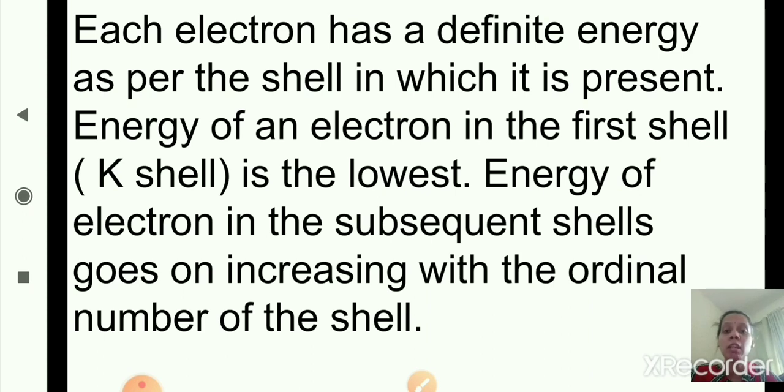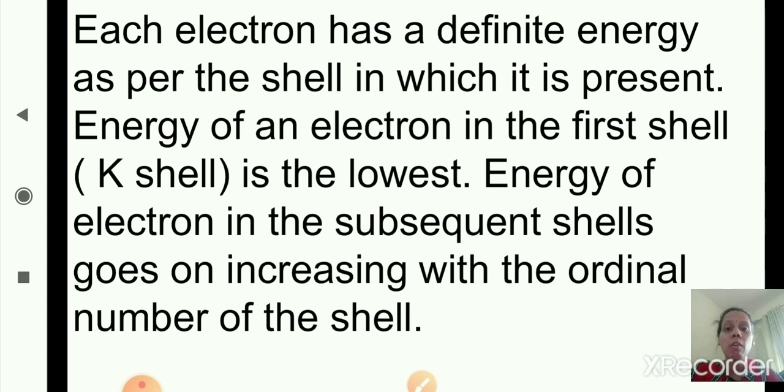The electrons in M shell have an energy level greater than the electrons in L shell. Then from M to N, the electrons in N shell have an energy level greater than the electrons in M shell. So the energy of the electron in the subsequent shells goes on increasing with the ordinal number of the shell.